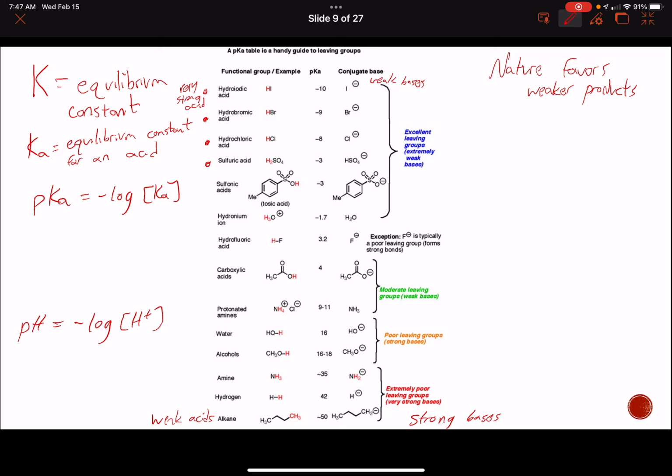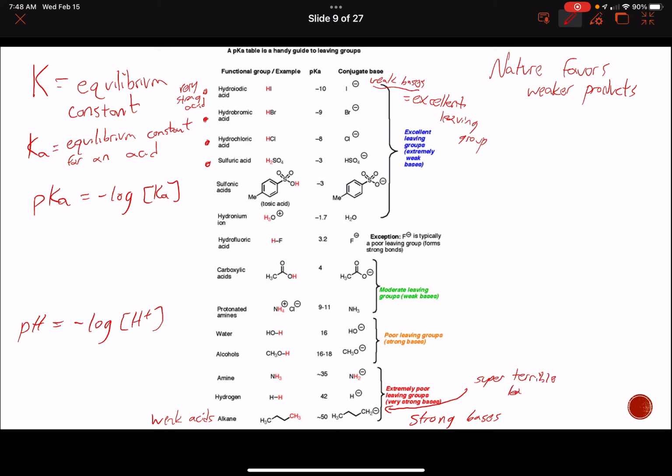A weak base is an excellent leaving group, because it can handle being on its own quite well. It stabilizes its charge. If you look at the bottom, you're going to see some very poor leaving groups. An alkane that's lost a hydrogen with a minus charge is a super terrible leaving group.